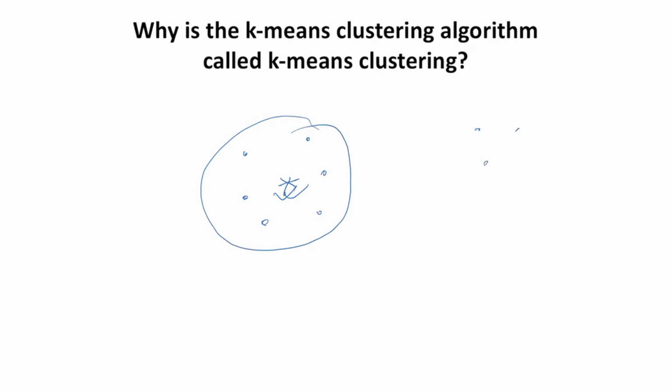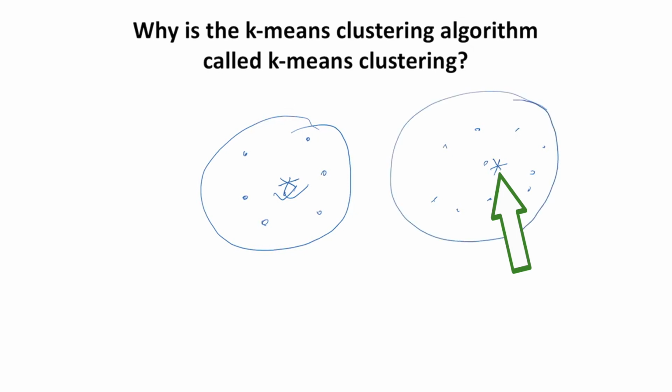Similarly, for another cluster, you will have another middle point, and that middle point will be considered the representation of the other cluster. Now, to compute a point that is in the very middle of a group of points, the algorithm takes the average of the points in the group.